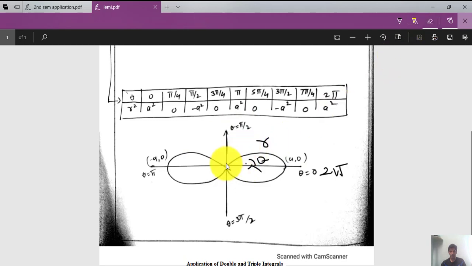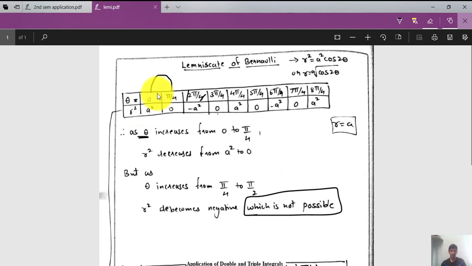Suppose you take one complete cycle: it is 0, pi by 4, 2 pi by 4, 3 pi by 4, 4 pi by 4 and so on till 8 pi by 4. So this turns out to be 2 pi. This 2 pi by 4 is nothing but pi by 2.